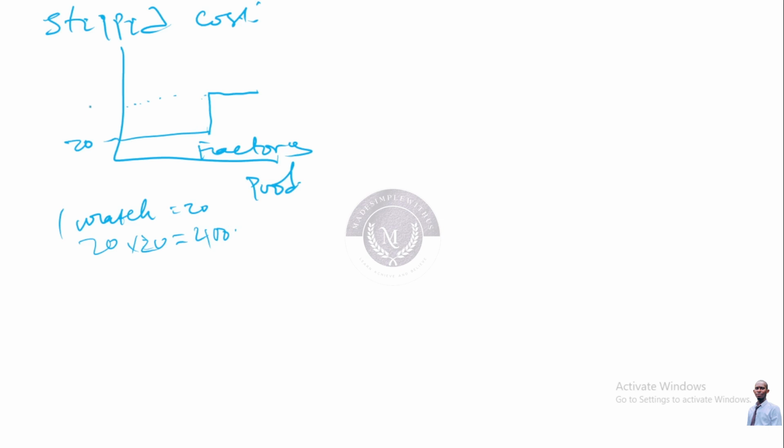So now we are producing 400 watch. So the production level will change. So we move on to the second factory, because the production level is being changed, and also the area expansion changes because we need a new location. Are we okay? So we move on to semi-variable.